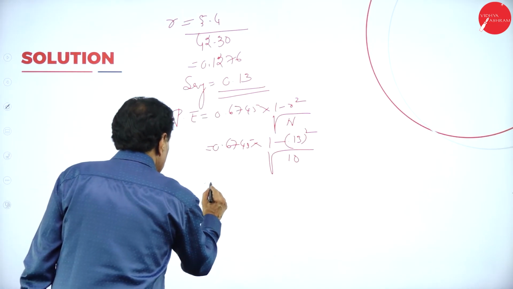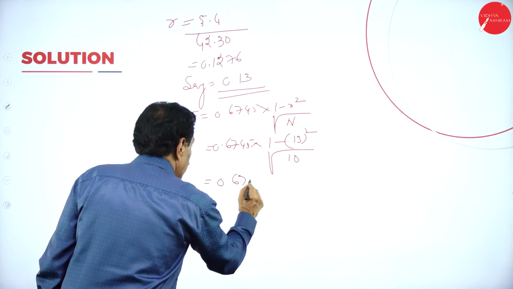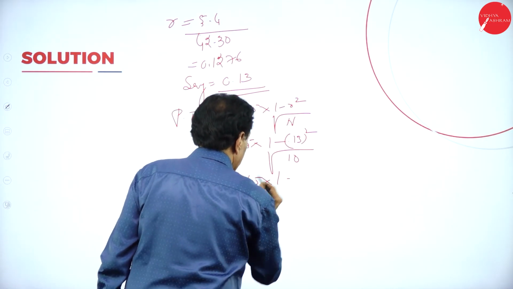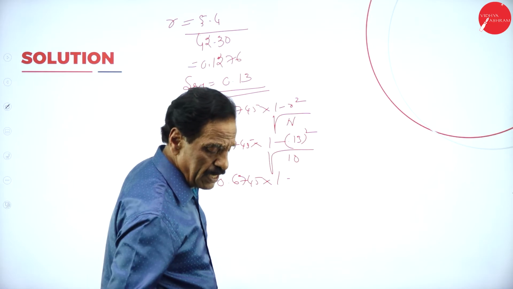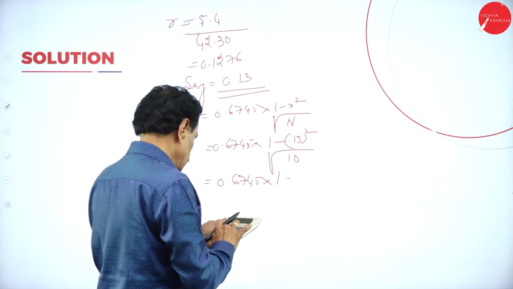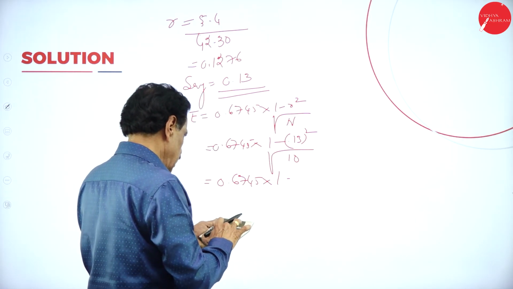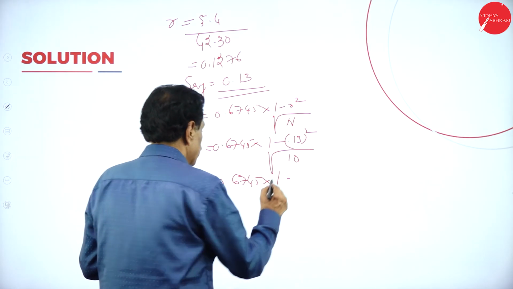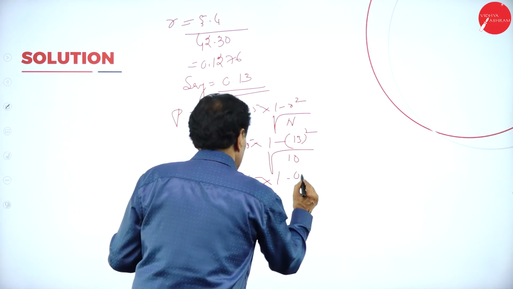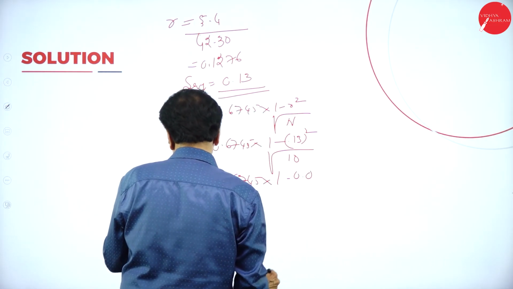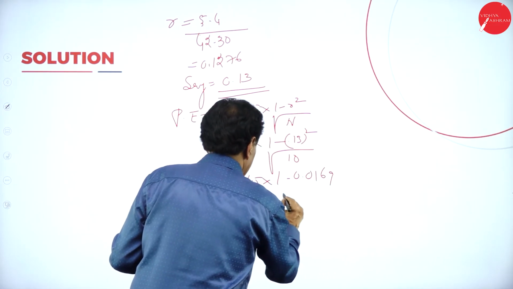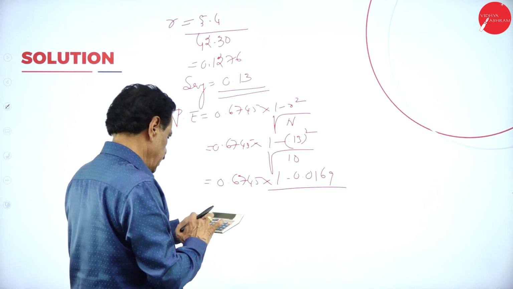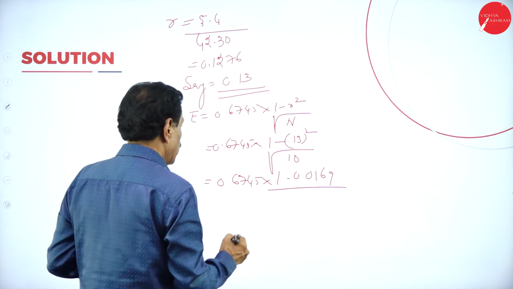This is 0.6745 into 1 minus 0.13 into 0.13, which is 0.0169, divided by root of 10, which is 3.16.